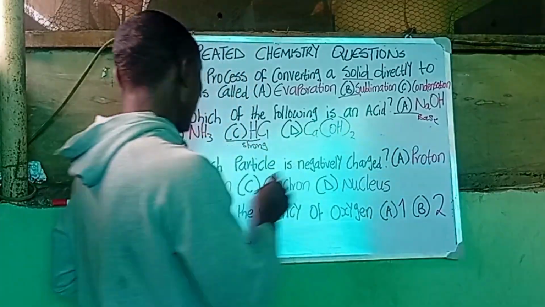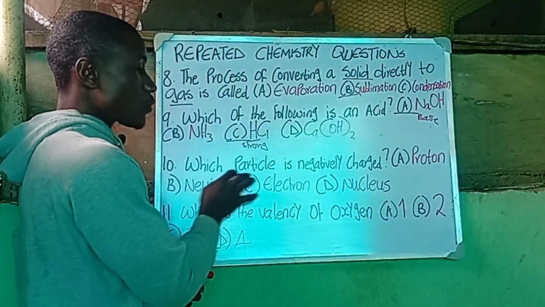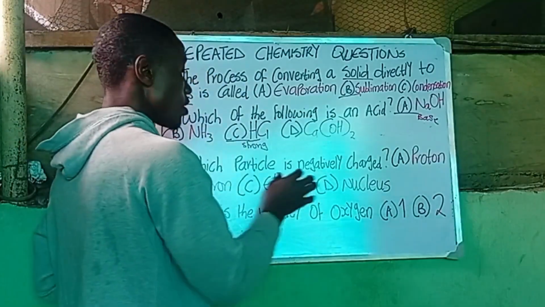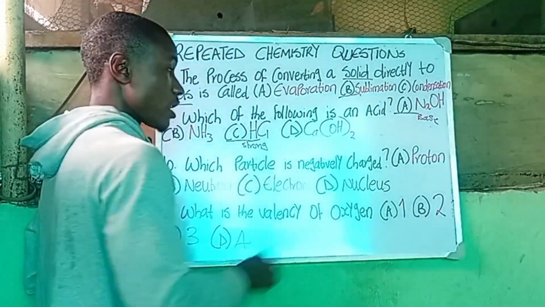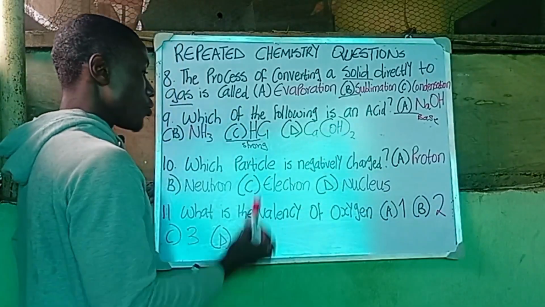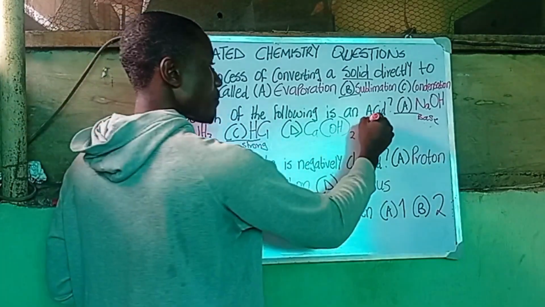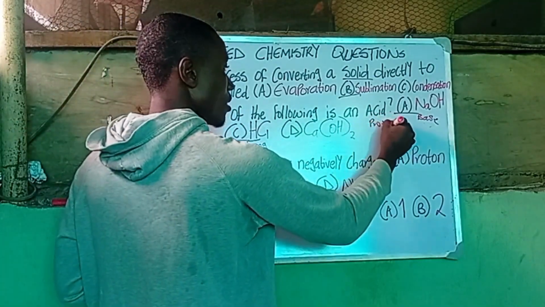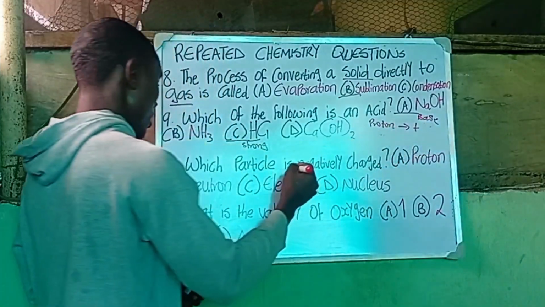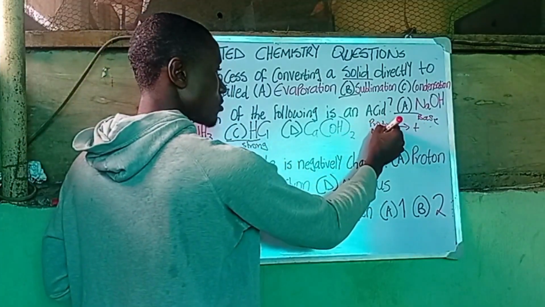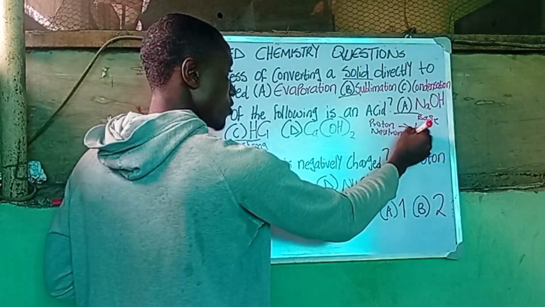So let's move on. Number 10 says, which particle is negatively charged? A, proton, B, neutron, C, electron, and D, nucleus. You have to note that the proton is positively charged, the neutron is neutral, it has no charge, so it's 0.